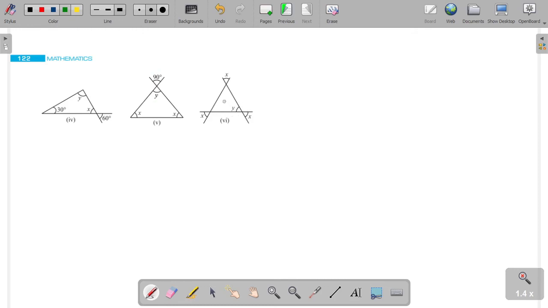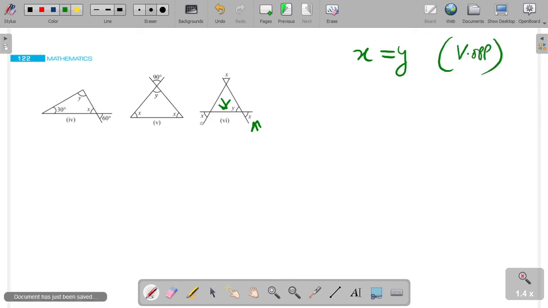Then we move to the sixth part. Here you can see angle y and angle x. They are vertically opposite. So we can say x is equal to y. Reason vertically opposite. Here you can see this is x. So this is also x. This is x. So this angle is also x. So we can see all angles are x.